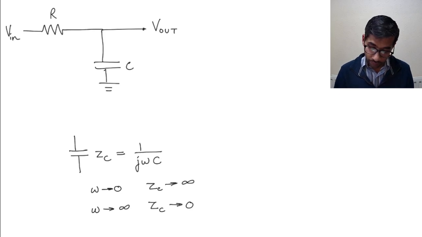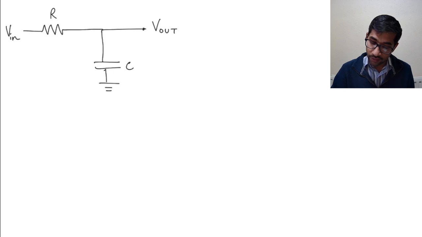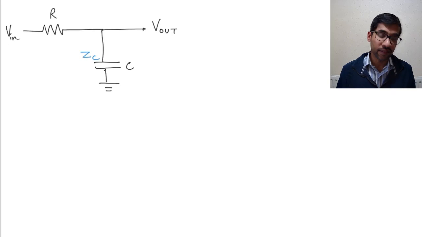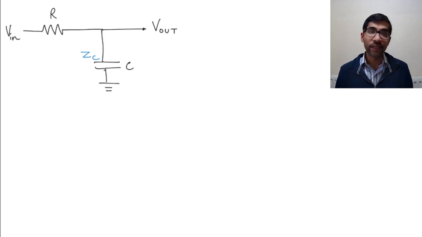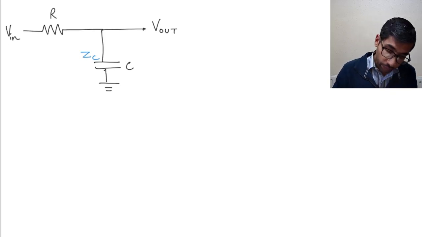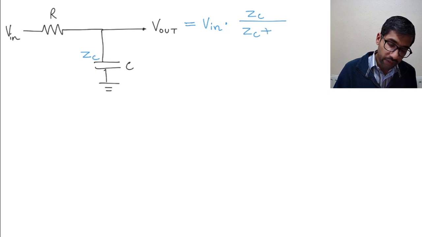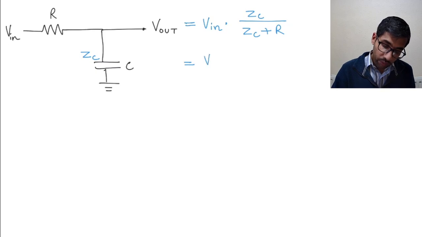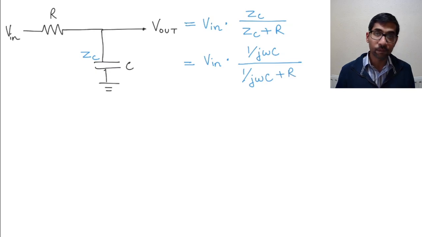So let's take a look at that. The impedance of this circuit is ZC, let's say. So what is the voltage output then in terms of V in? V out is going to be equal to V in times ZC over ZC plus R. And we already know that ZC is given by 1 over j omega C. Therefore, we substitute that here and you get this equation.